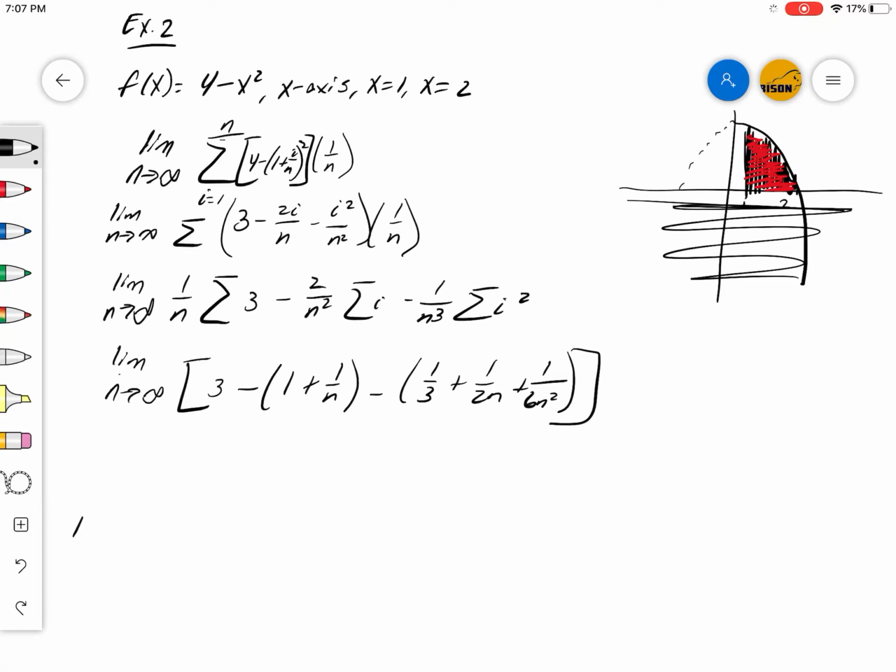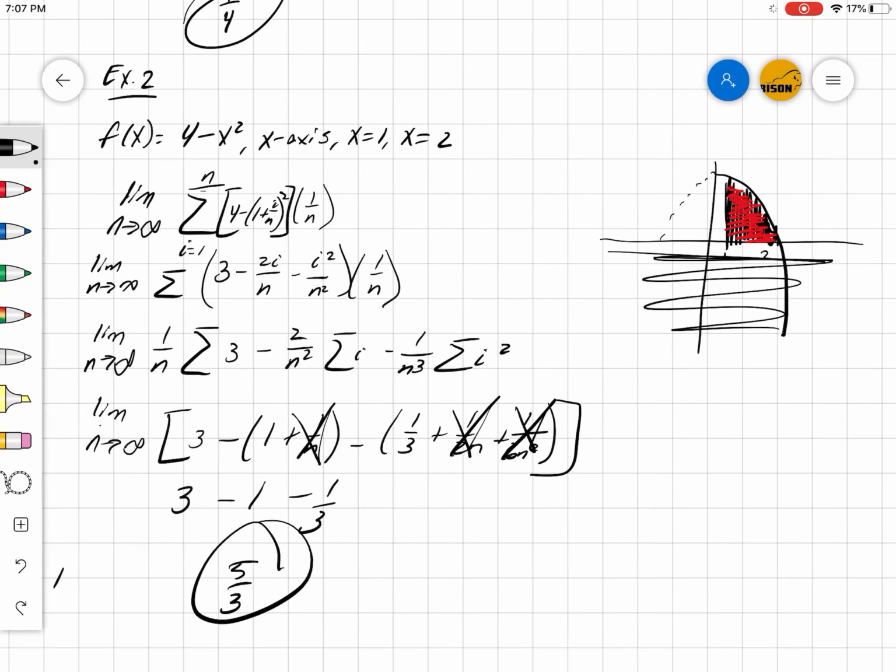Anytime you put infinity in the bottom, that turns it to 0. So basically, this is useless, this is useless, and this is useless. That leaves me with 3, minus 1, and minus 1/3. Putting that together gives me 5/3, and that is the area under that curve.